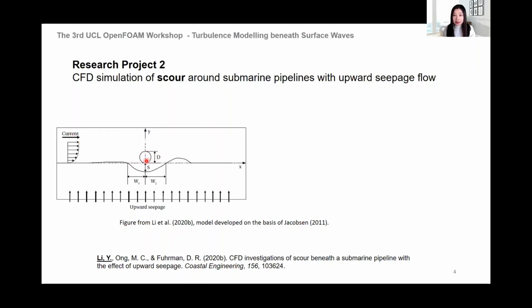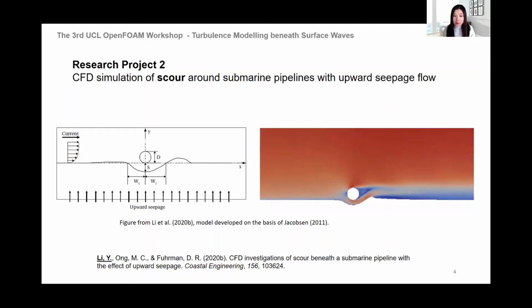And below the pipeline in the seabed, there is seepage flow existing in the soil because the soil is a porous media. And this upward seepage flow behaves like an upward hydraulic gradient. So considering this effect from current and upward seepage, we have developed a model in OpenFOAM based on the work of Jacobsen 2011 sediment transport model.